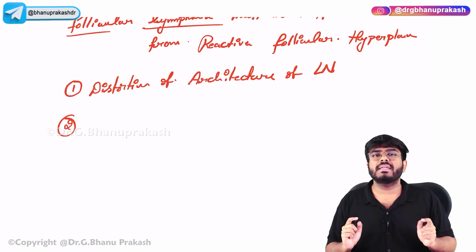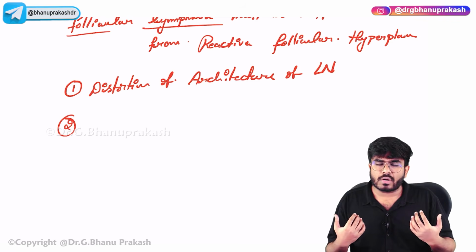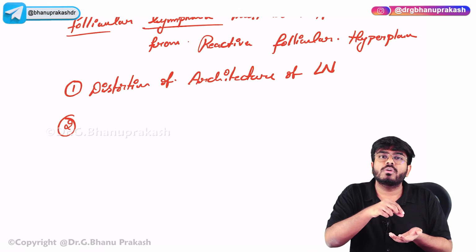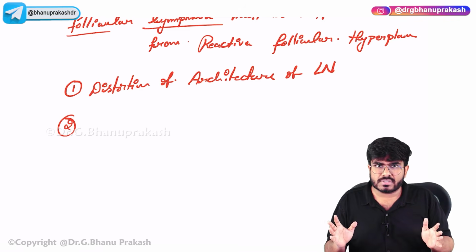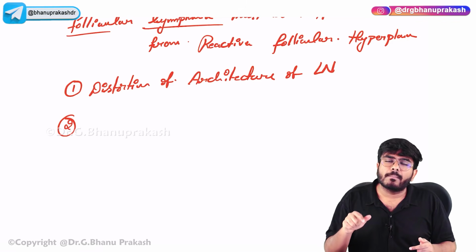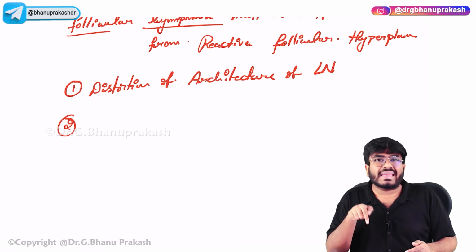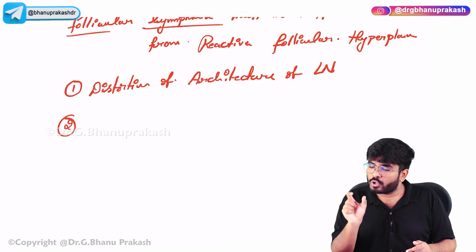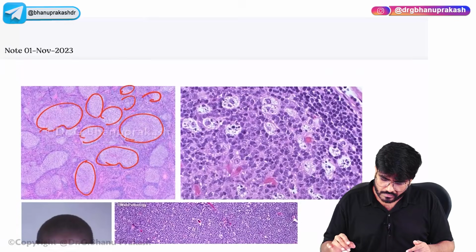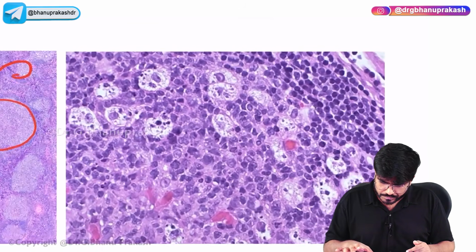In a normal healthy individual like you and me, lymph nodes have follicles, and in the follicles many B cells die. They undergo apoptosis, and those apoptotic areas are cleared by macrophages. Those macrophages are called tingible body macrophages. For example, look here.